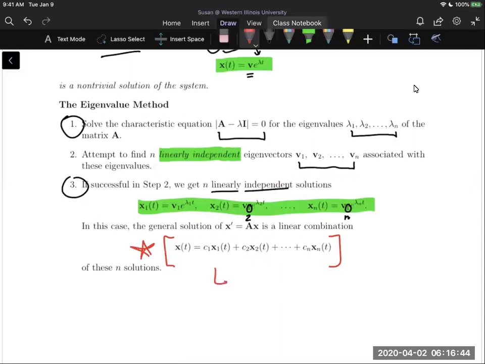And then we'll note there are 2 ways to write this. You can write this in the vector notation or the scalar notation. And I'm going to show you both notations so that you can decide which one you prefer. All right, so here's the eigenvalue method laid out. Let's go ahead and work some examples.